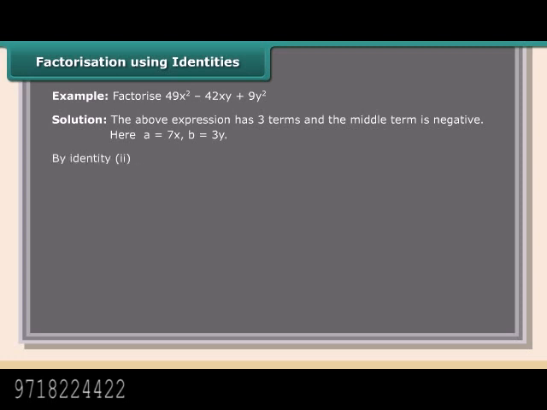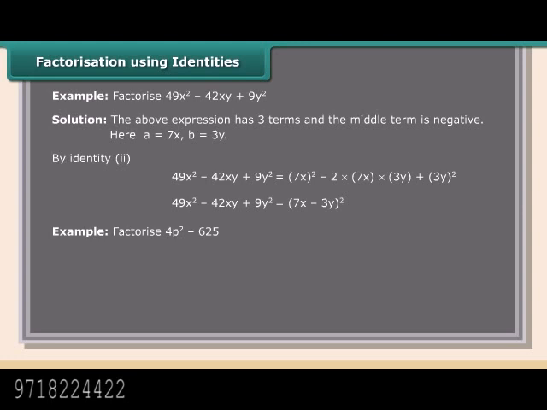By identity 2, 49x² − 42xy + 9y² is equal to (7x)² − 2 × 7x × 3y + (3y)². So 49x² − 42xy + 9y² is equal to (7x − 3y)².